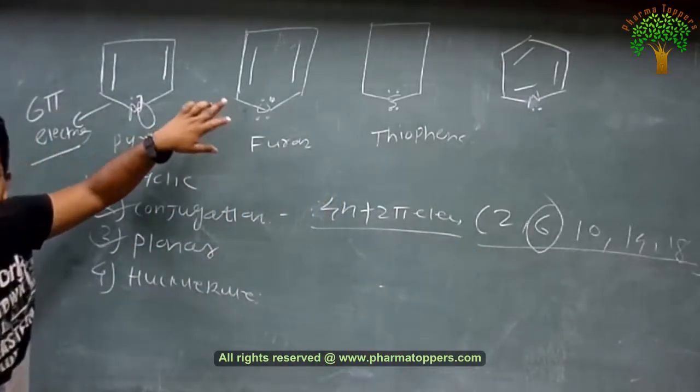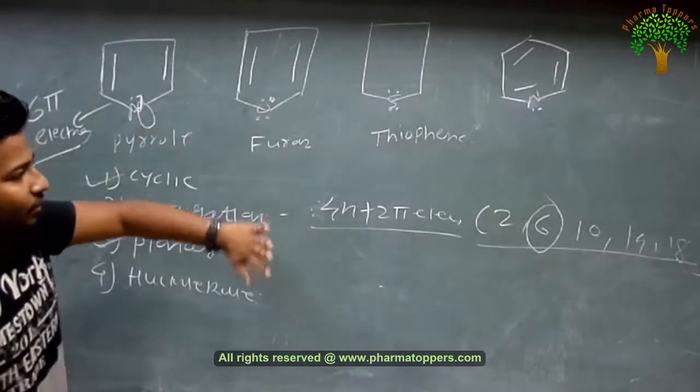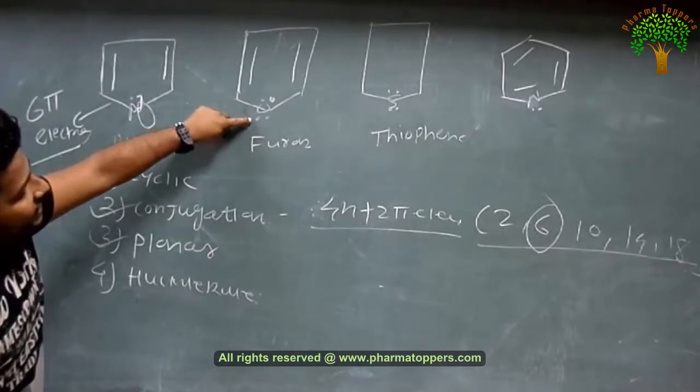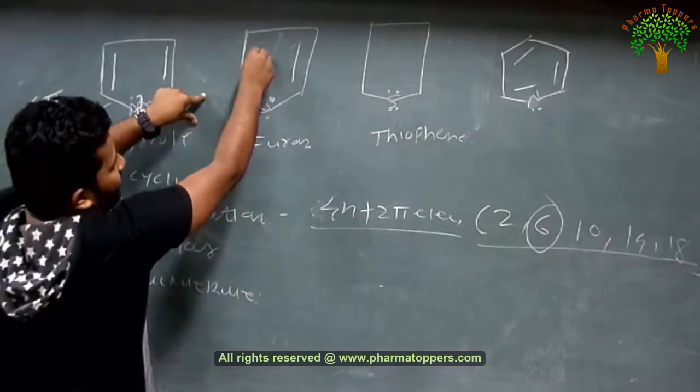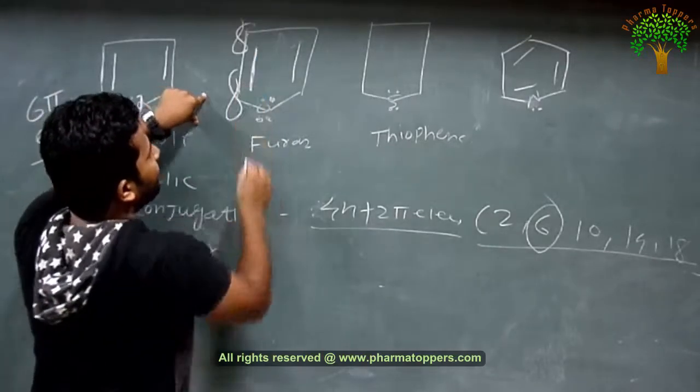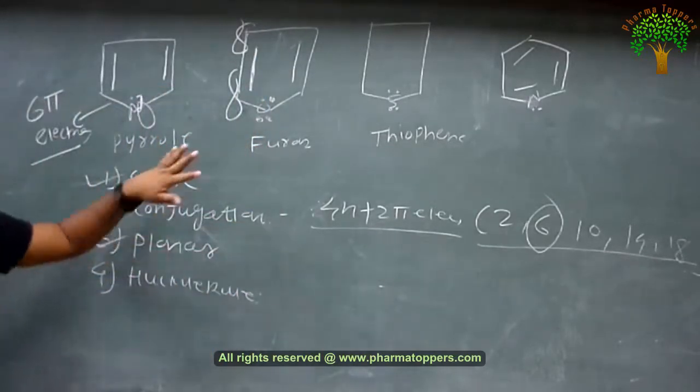It is called anti-aromatic as per the rule, but Huckel describes those pi electrons which are present perpendicular to this pi electron is not calculated in the Huckel rule.